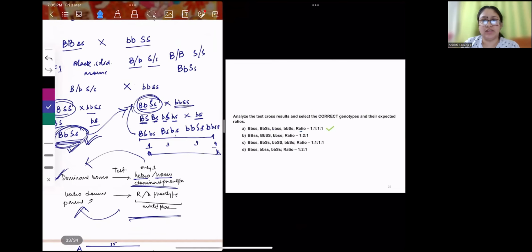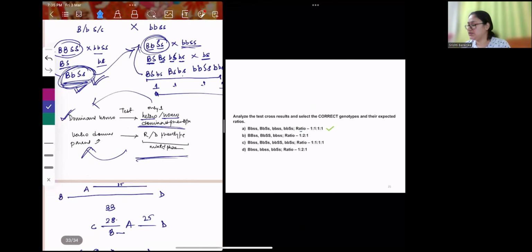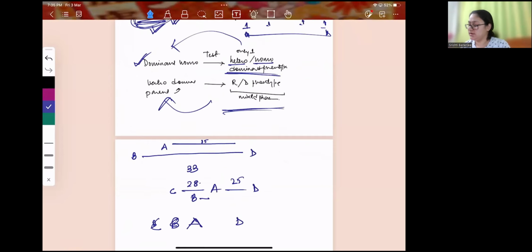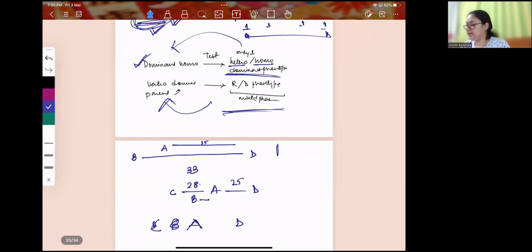There's one more question that came up in the discussion forum from Arushi, I guess, about mapping, like how we do these mapping things. Let me briefly say it. The concept is: the higher the recombination frequency, the farther apart they are.